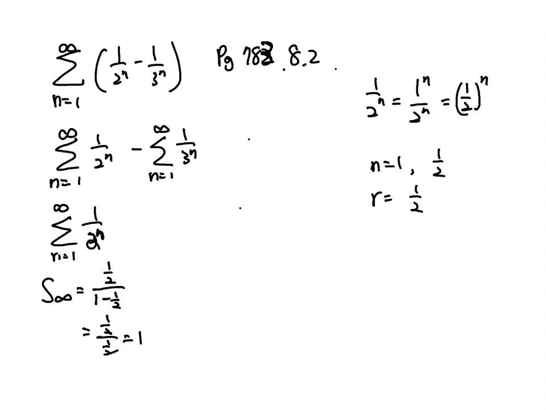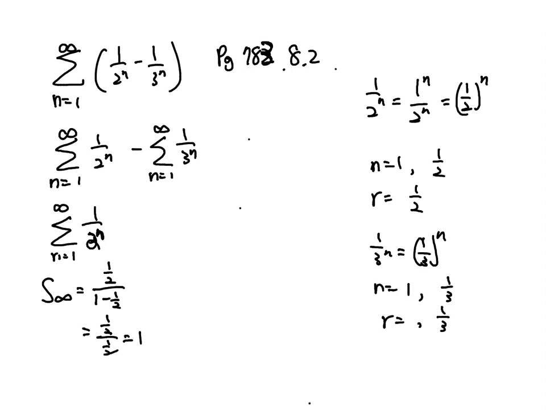Okay, and we can do the same thing with the 1 over 3 to the n. Right? So that means a little bit of side work. 1 over 3 to the n is the same as 1/3 to the n. Similar rationale from above. So if n equals 1, you get 1/3. And the ratio in this case is going to be 1/3.